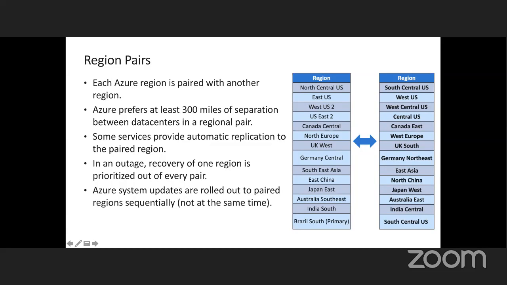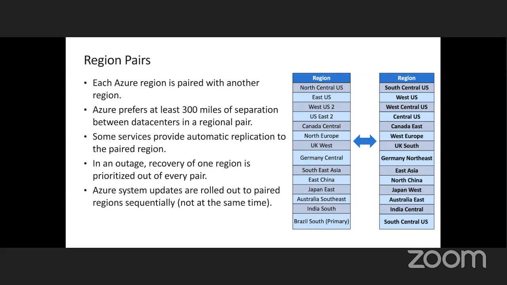Okay, so some services provide automatic replication to the pair region. So there are some services that have native replication, automatically. They have it natively. That's what it means, that it replicates automatically. But for the other services, you have to configure replication. You have to choose that feature.